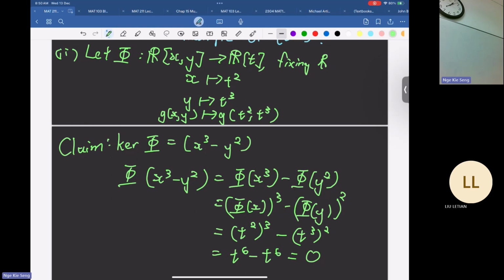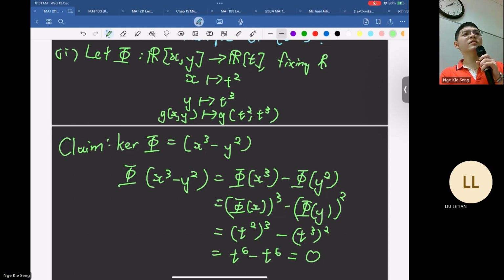You can try it out yourself using division with remainder. Argue why the remainder must be 0. If you divide with one of them, the degree of x maybe needs to be less than 3, and then you need to argue why the remainder has to be 0. Okay or not?